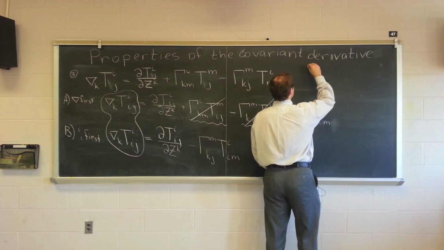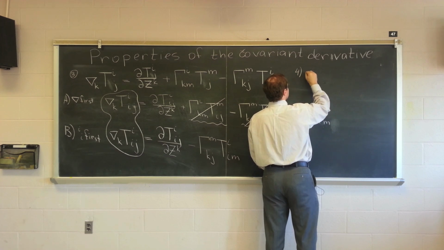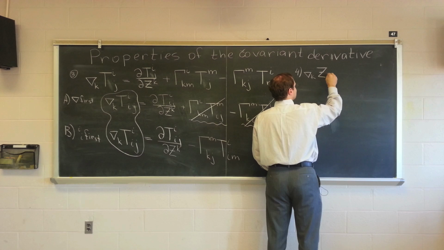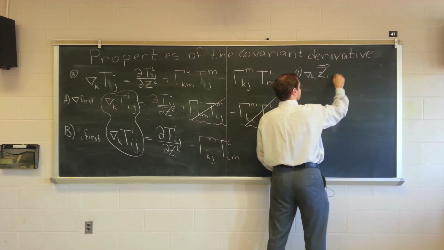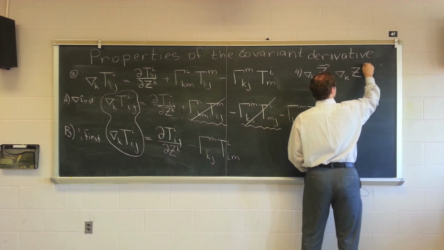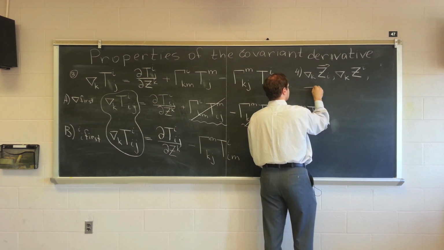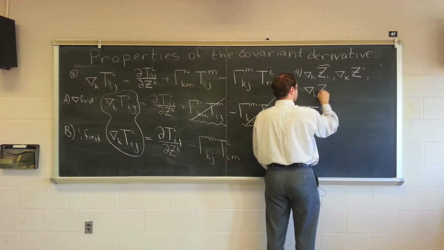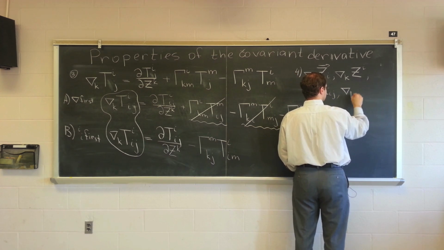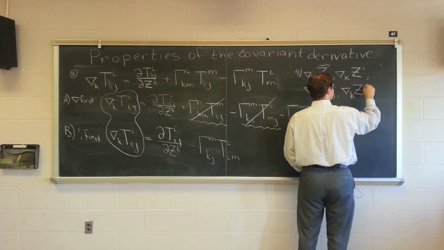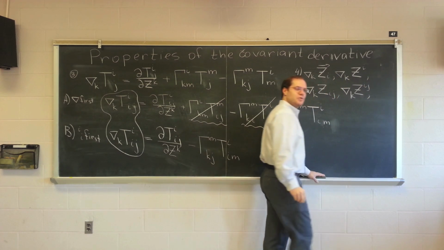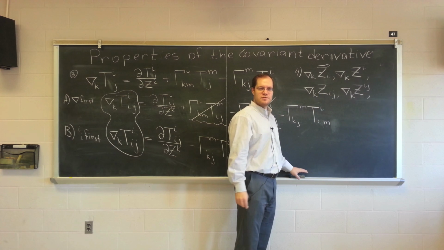The metrinilic property states that the covariant derivative applied to the covariant basis, to the contravariant basis, to the metric tensor, to the contravariant metric tensor, and finally, what object am I missing from this group?